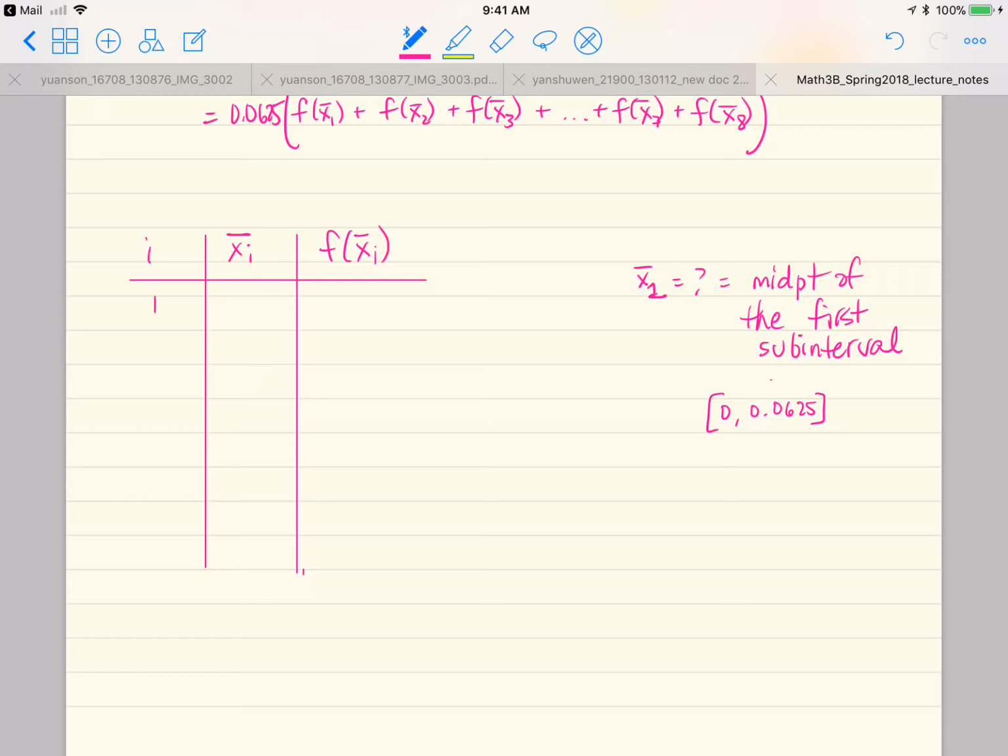So 0.0625 divided by 2 is going to be 0.03125.